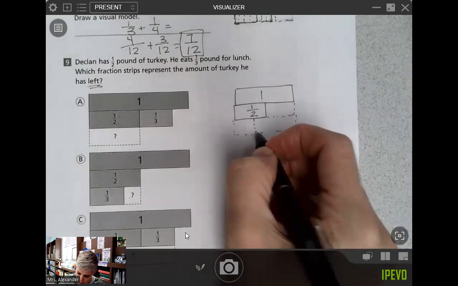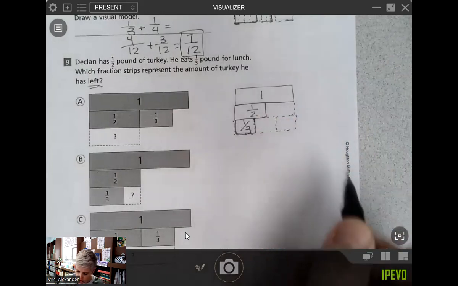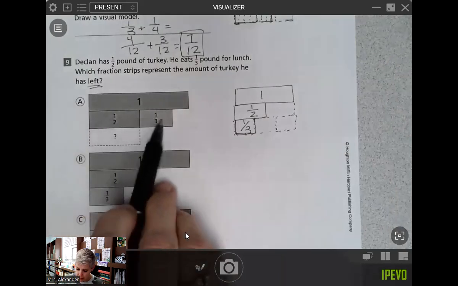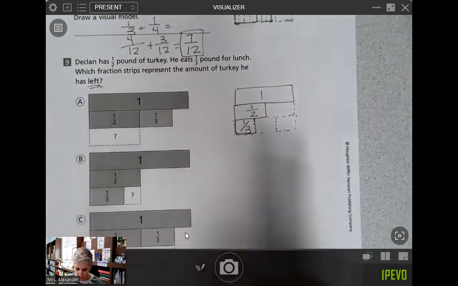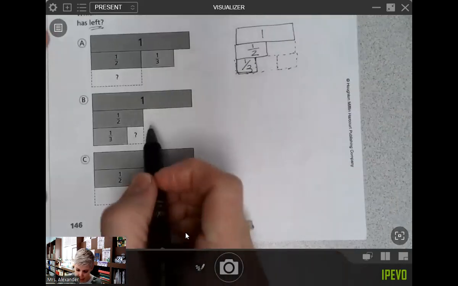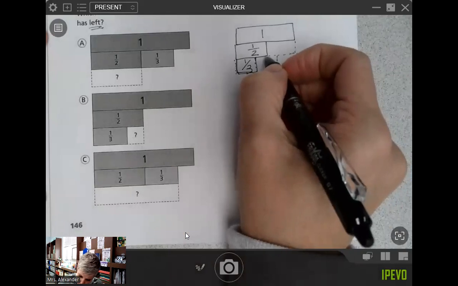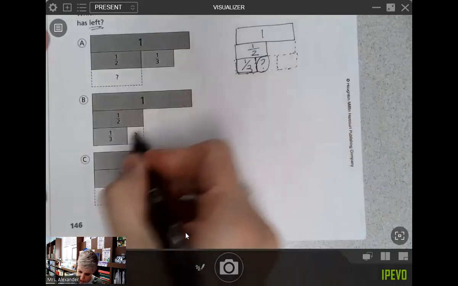So I need this portion 1/3. So I can't line them up together. That shows me that I'm adding those two parts together. Here I have one below the other, so I can compare, and this would show how much he has left. So this one looks similar to what I drew.